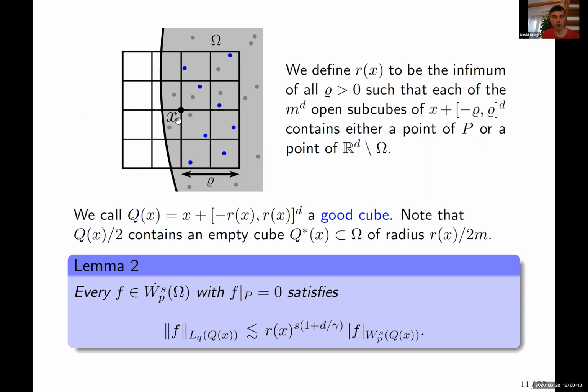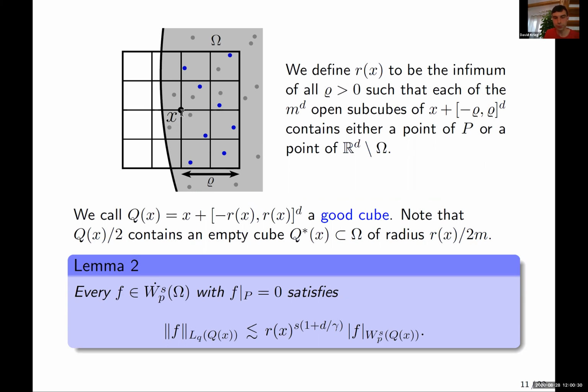For a given point x in the domain omega, not in the point set necessarily, we consider such radii rho for which we have the following property.